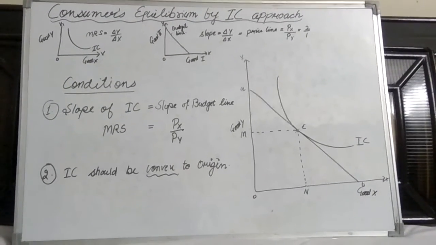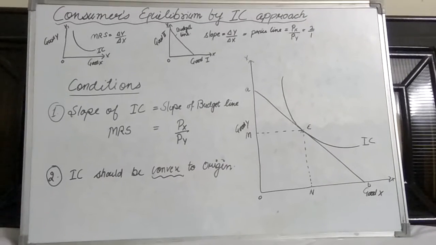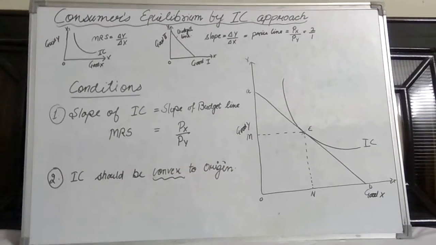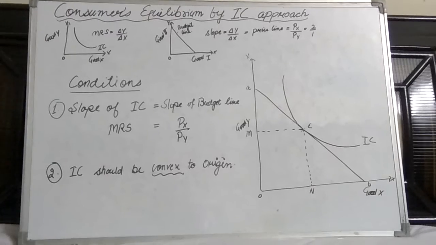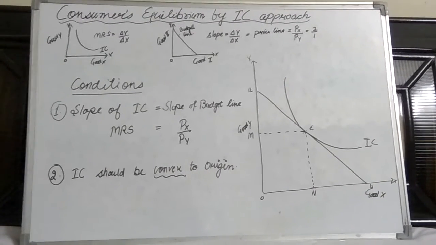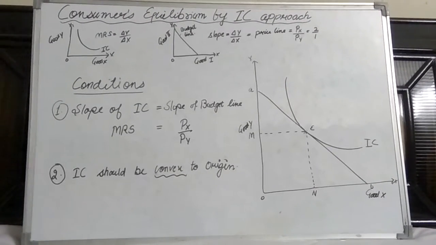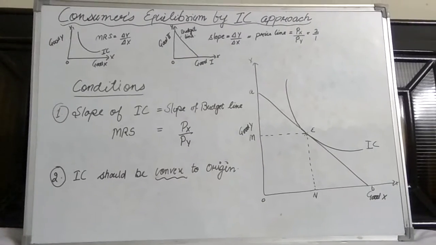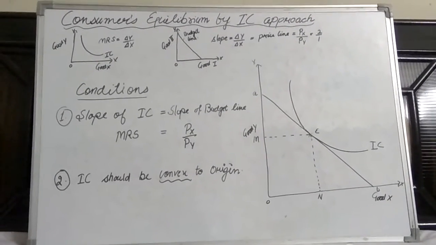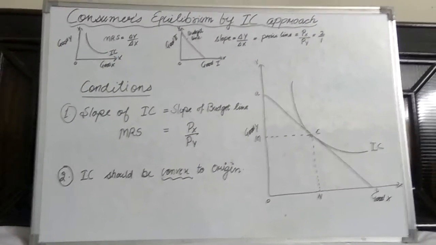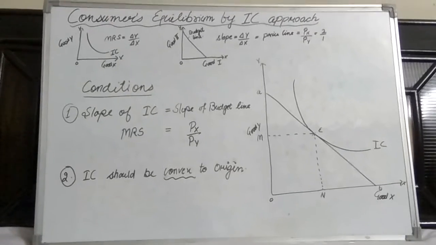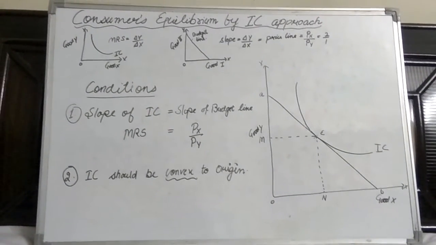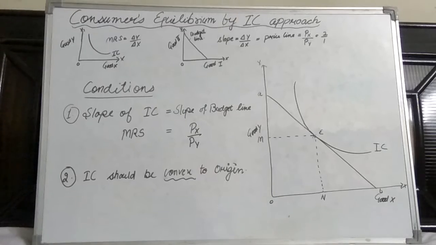At this point of equilibrium, the consumer is getting OM quantity of good Y and ON quantity of good X, achieving equilibrium and feeling satisfied by spending his income in a manner that both goods are purchased by the consumer. After purchasing, these goods are consumed by the consumer. That is called the consumer equilibrium by IC analysis.